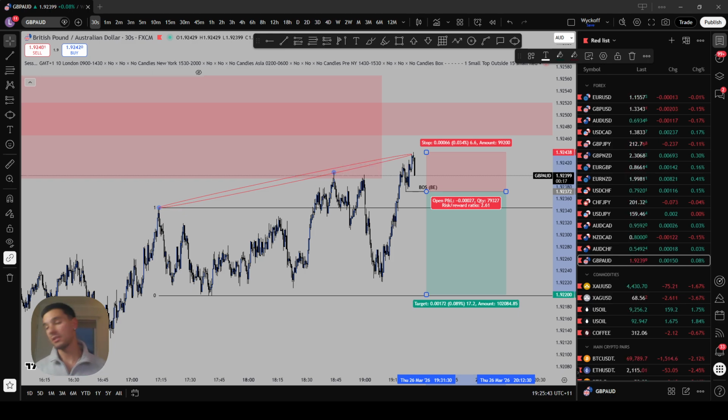I do actually have a position size calculator, which is what I will be looking to get up at the moment. GBP AUD.